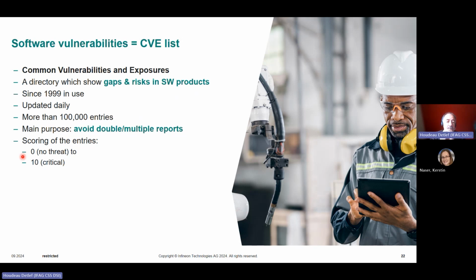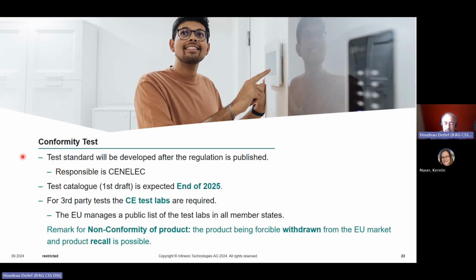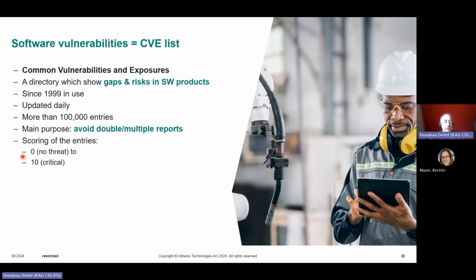This addresses only the software part, and this is in the context of the SBOM definition to use. The directory has been in use since 1999. It gets an update daily. Today, we have more than 100,000 entries in this list.